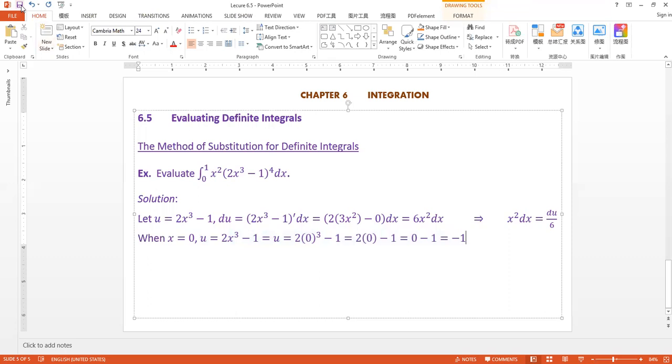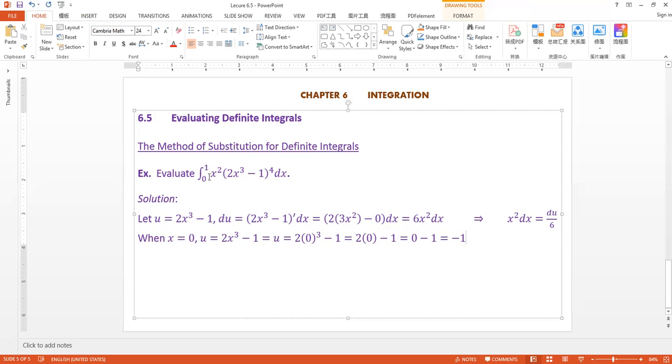Why do we want to do that? Because at the end, we're going to evaluate the integral in a new format with the variable u. Everything will be written in terms of u, so the whole thing will not have an x. Then after finding the antiderivative, you plug in the numbers for u instead of x.